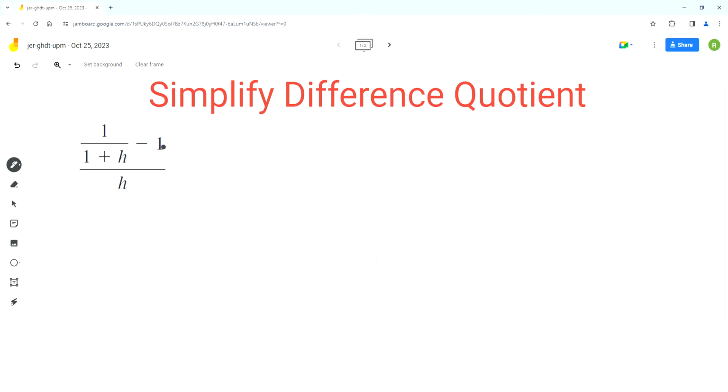Now 1 has a denominator 1, so we can combine these terms by finding a common denominator. The common denominator here will be 1 plus h. So we'll multiply the numerator and the denominator by 1 plus h.